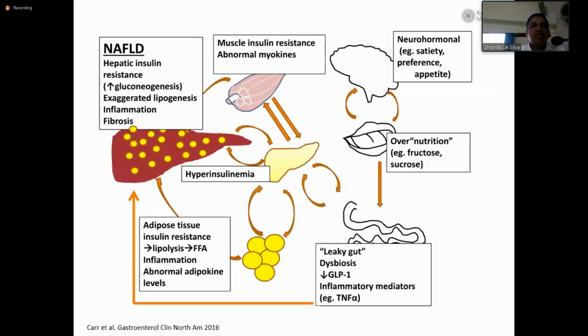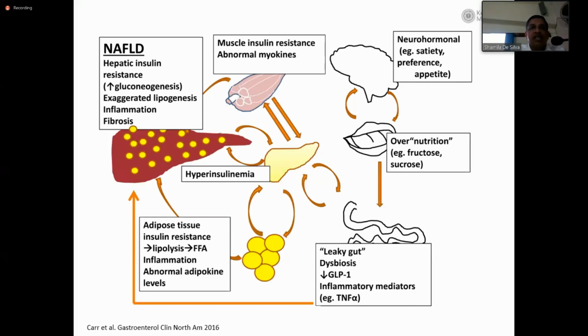Coming to the pathophysiology, although in non-alcoholic fatty liver disease we are concentrating more on the liver, the pathogenesis involves many organs. Insulin resistance and hyperinsulinemia is central in the pathophysiology. There is insulin resistance in the muscles, the adipose tissue, as well as within the liver.